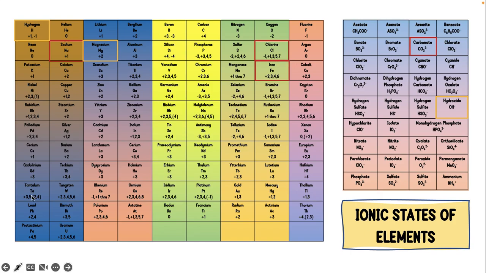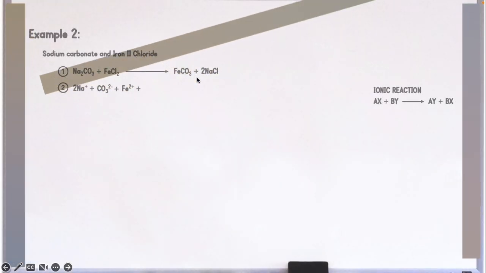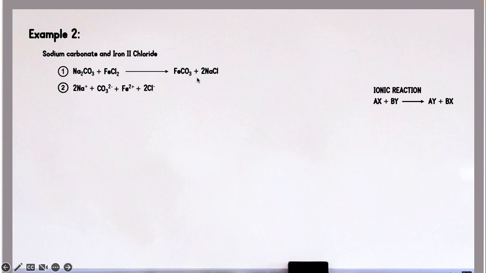Chlorine is minus, so we have 2Cl minus. Then we have iron 2 carbonate and sodium with chlorine. Remember, iron 2 carbonate is a solid, so that does not break apart.